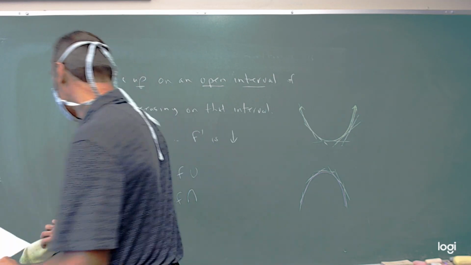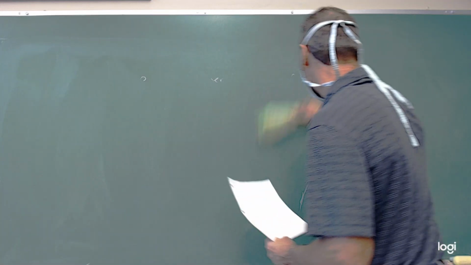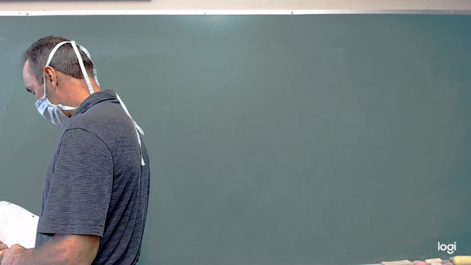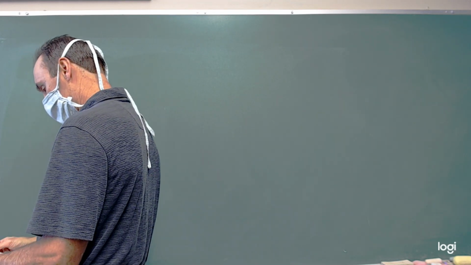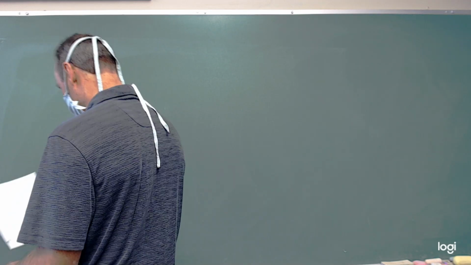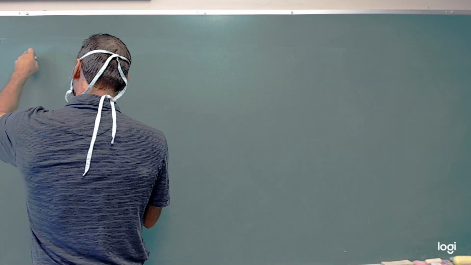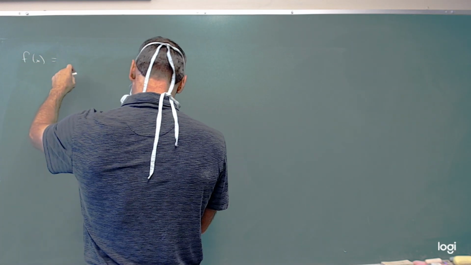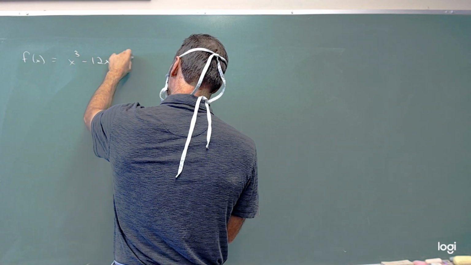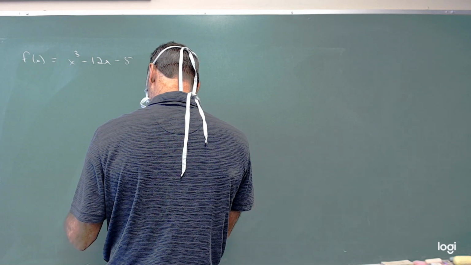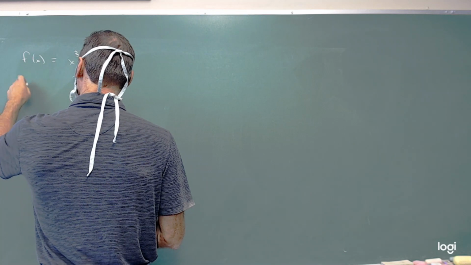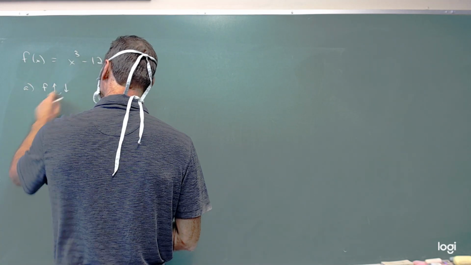Question? So let's see. I've got an example here. We can do this. So if we have f of x equal to x cubed minus 12x minus 5, shall we find intervals where f is increasing and decreasing?